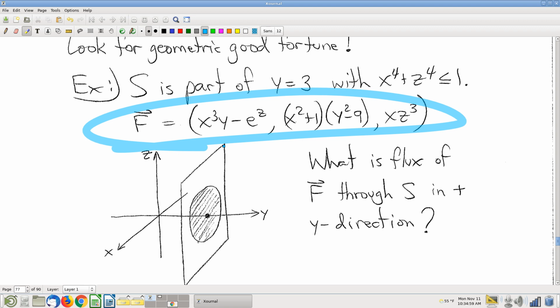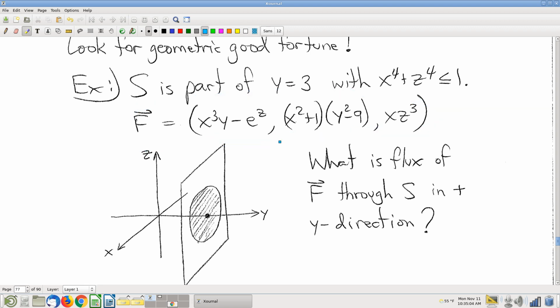So sometimes, again, you get lucky. Try to capitalize on your good fortune when it comes to you. There's two bits of good fortune here. One is every point on our domain is in this plane. Every point in that plane has y equal to 3. So for our entire calculation, y shall be 3 everywhere.